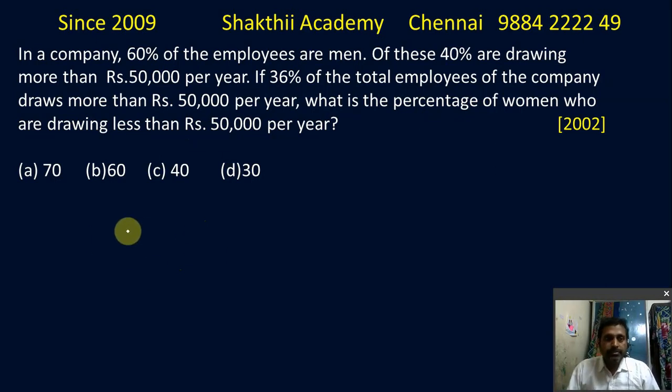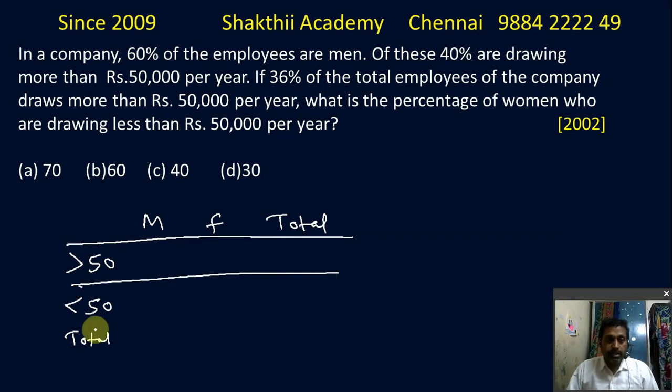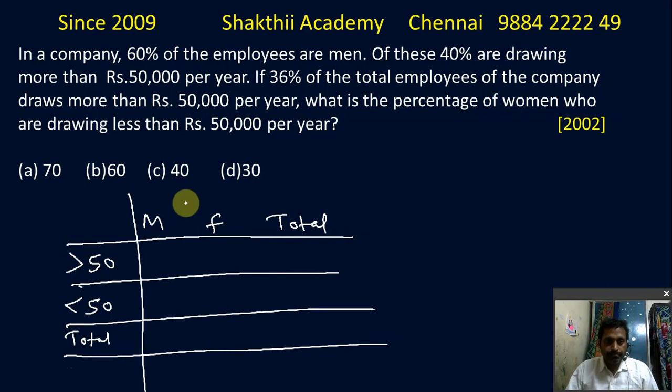There are male, female, and total people. Similarly, people who are getting more than 50,000 salary, people who are getting less than 50,000 salary, and the total number of people. So simply put a table like this. This table gives you a perfect idea to answer the question in an easy and faster way.